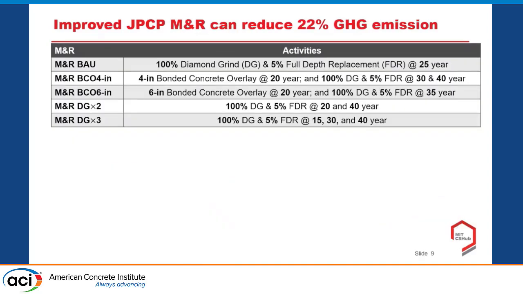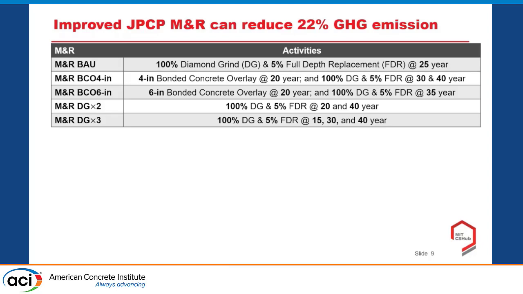Another thing we tried is the GPCP MNR, for which we have 4 trials. The original MNR for GPCP BAU was 100% diamond grinding at 5% at the year of 25. For the first trial, we tried a 4-inch bonded concrete overlay at the year of 20, and 2 diamond grindings at the years of 30 and 40 respectively.